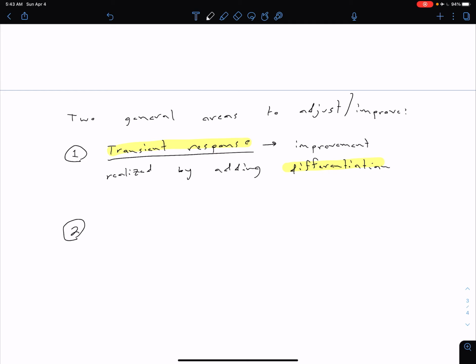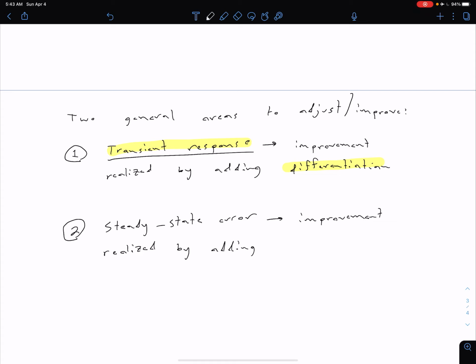The second important thing, though, is our steady state error. And so what we're going to see here is that our improvement for steady state error is realized by adding an integrator.